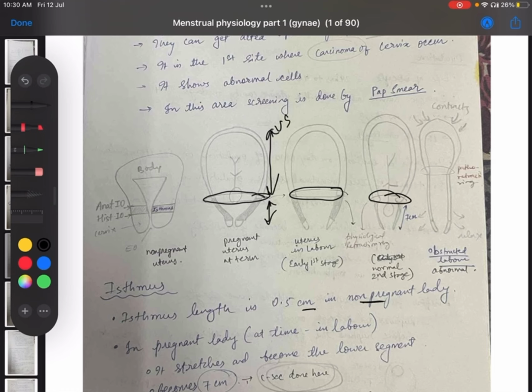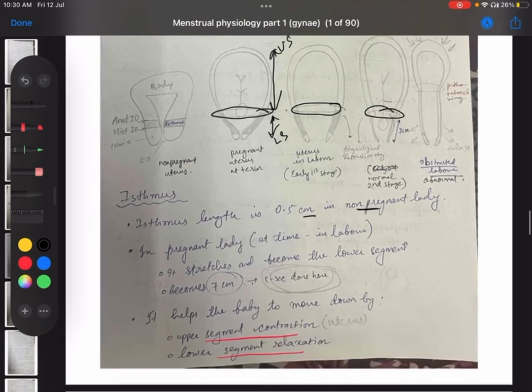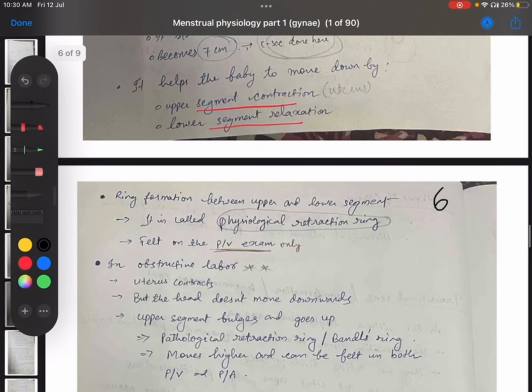So the ring formation between the upper and the lower segment is called the physiological retraction ring. Very important. It can be felt only through pervaginal examination. Only through pervaginal examination. Per abdominal examination, you won't get it.